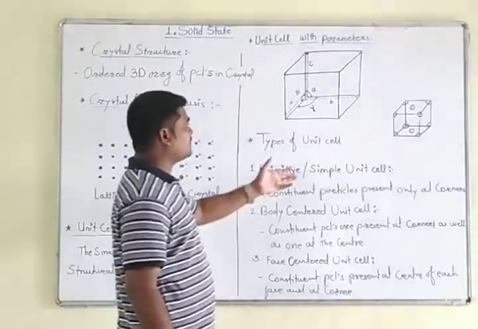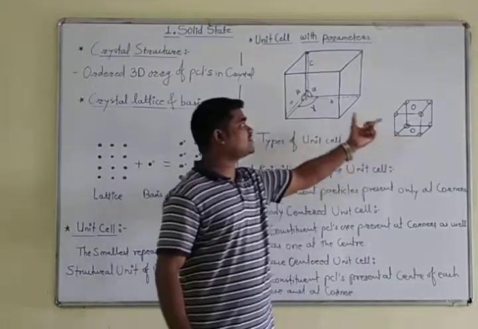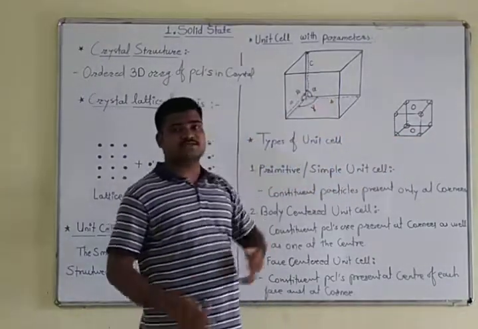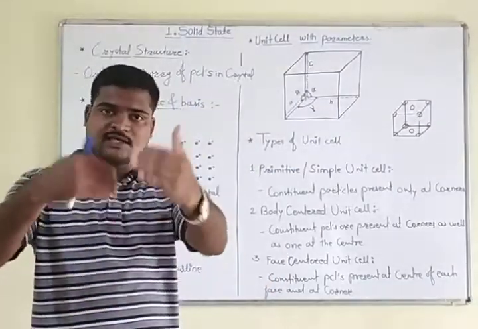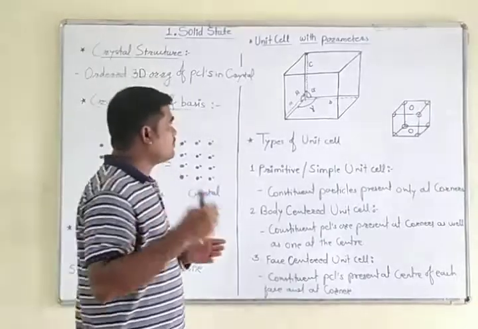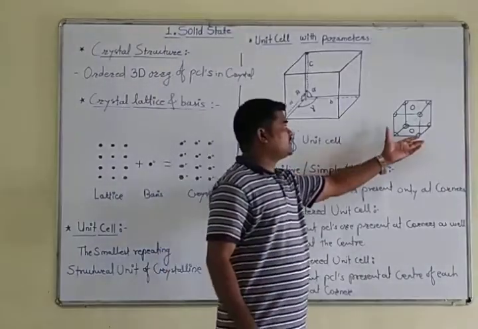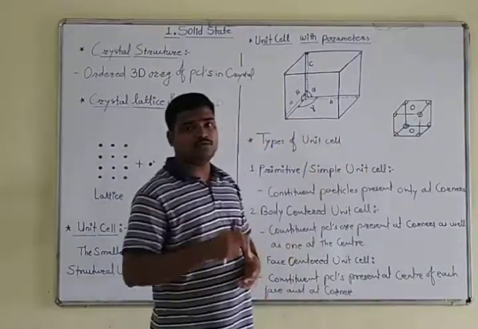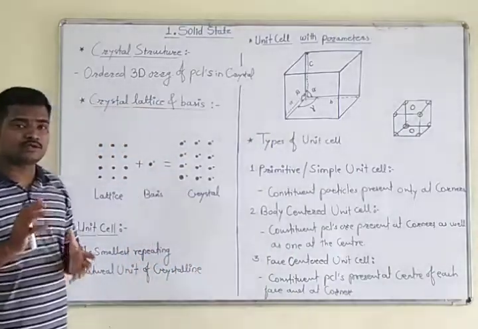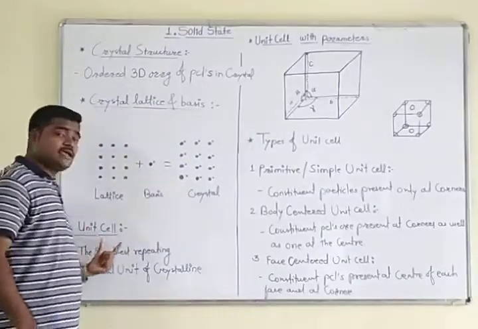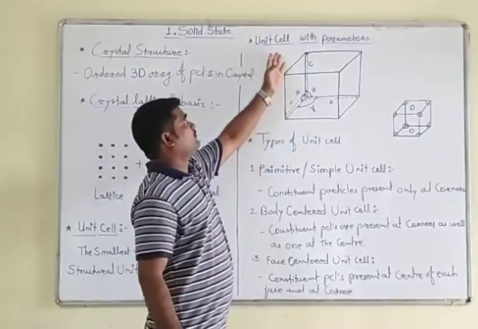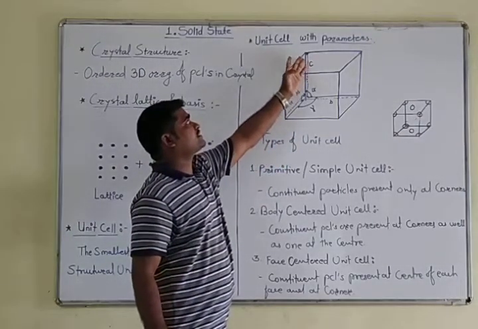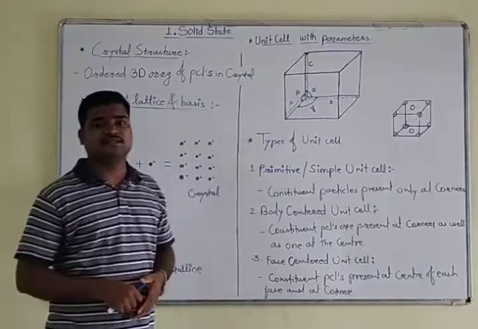Now, if we put this smallest cube in this biggest crystal lattice, it will form a repeating structure. Therefore, this smallest repeating unit is called a unit cell. Okay. Now, which are the different parameters of this unit cell? We will see in this point.